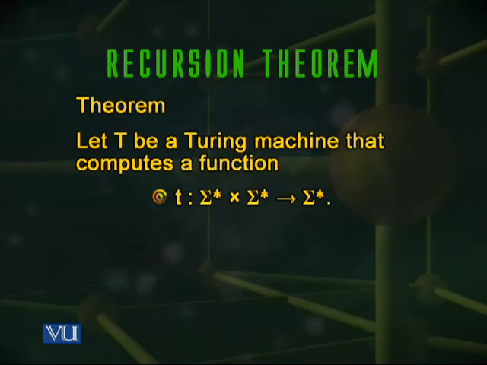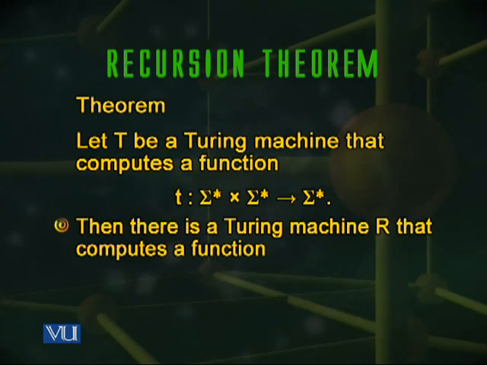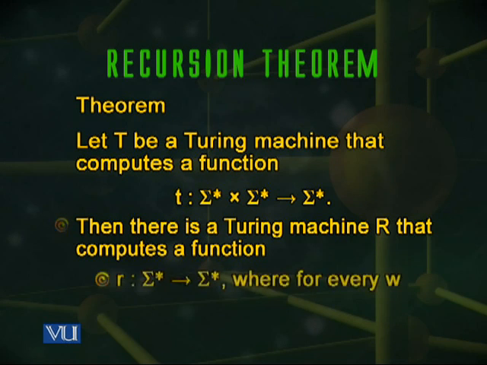Then the recursion theorem claims that there is another Turing machine R that computes a function little r, which goes only from sigma star to sigma star, where for every w, r of w is equal to t of the description of r comma w. So this Turing machine R does the same analysis that the Turing machine capital T was doing on its input. But R is not given itself as an input. So R is a self-analyzing program.